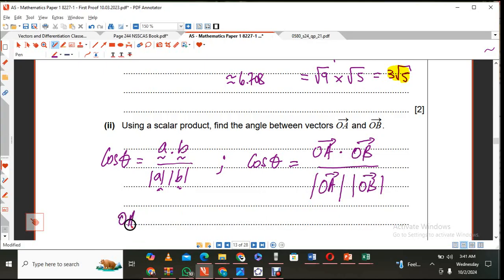If we take the dot product of these two, I can also use the calculator for that, but I'm just going to show you how to do it. OA in vector form was 3, 2, and negative 1, and dotted with OB, which was 4, negative 2, and 5. Please go back and check so that you can see whether you're on the right path.